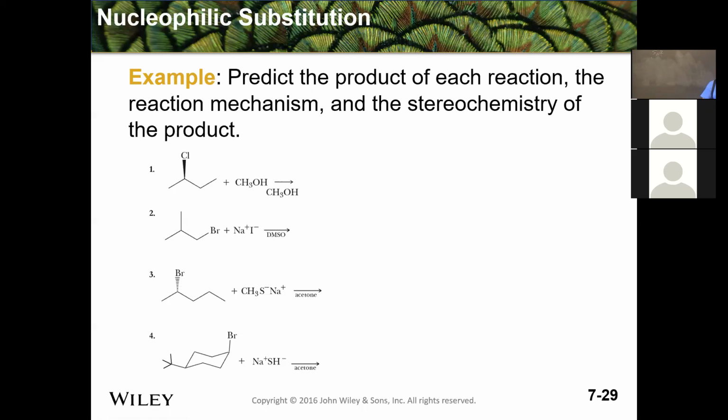All right. This time the leaving group is on a stereo center, a chiral center. So it's going back. Let's see, it's 1, 2, so it's 5 carbons.